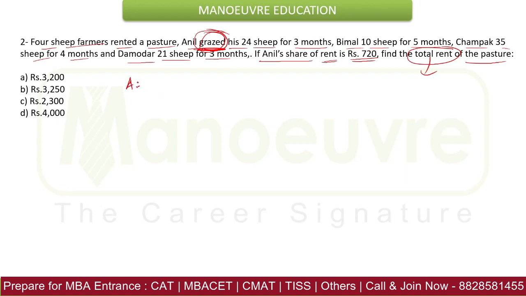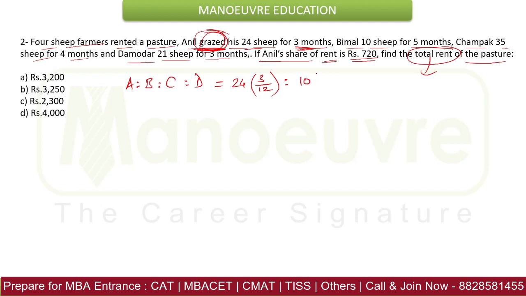So if we try to find the ratio for Anil is to Bimal is to Champak is to Damodar, the ratio with respect to grazing will be 24 sheep, for 3 months, so this will be 3/12. So for 1 month into 24 sheep, that will be the respective ratio for Anil.